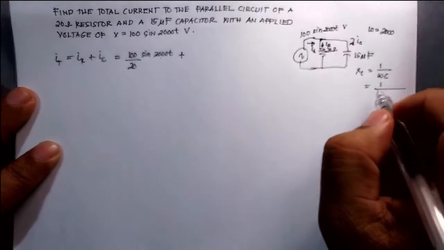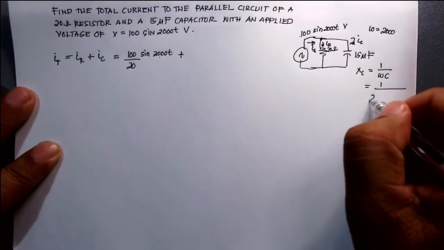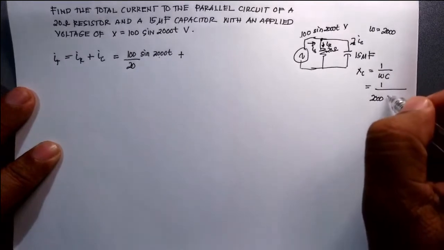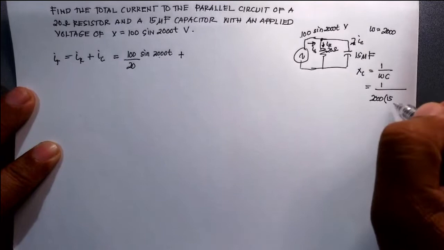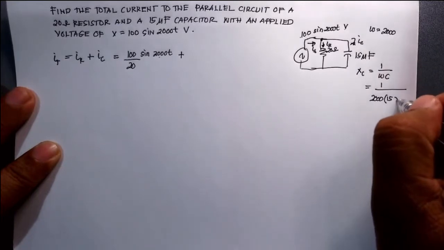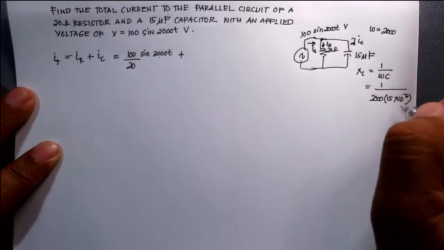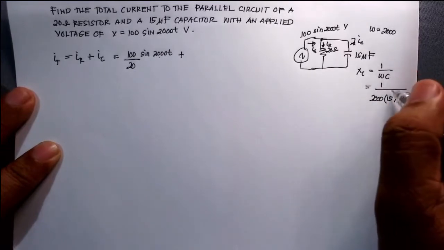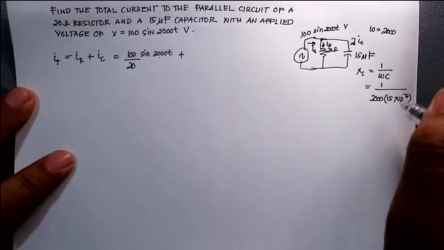Therefore, this is 2000 multiplied by 15 microfarad. So we convert this to farad, so that will be multiplied by 10 raised to negative 6. So this is 1 over omega C.